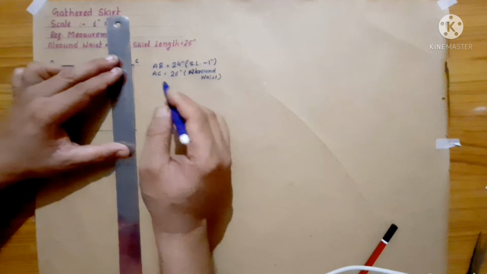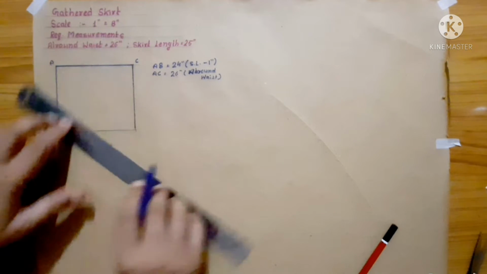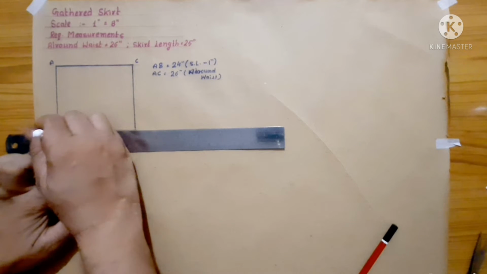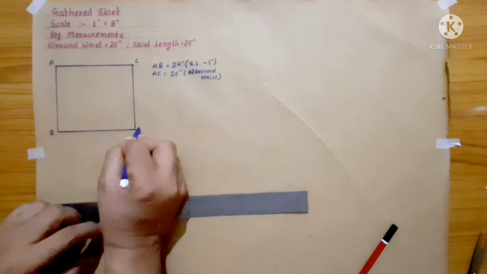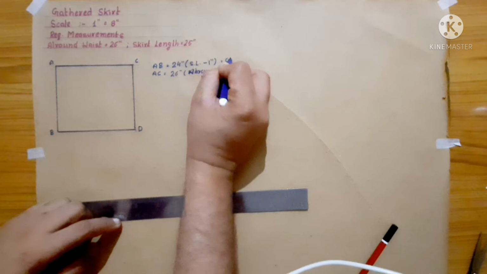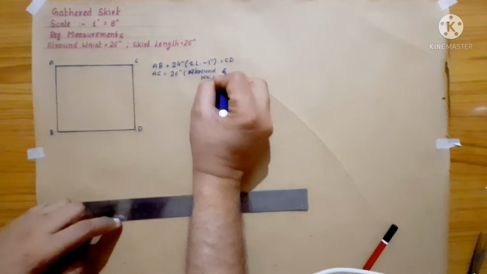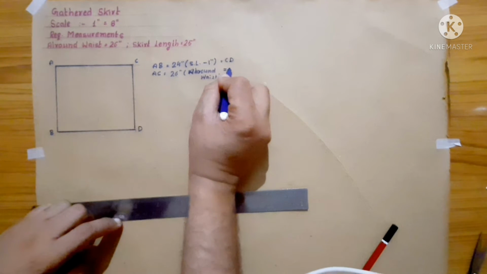In the same way we'll create the block, and this is point D. So AB is equal to CD and AC is equal to BD.